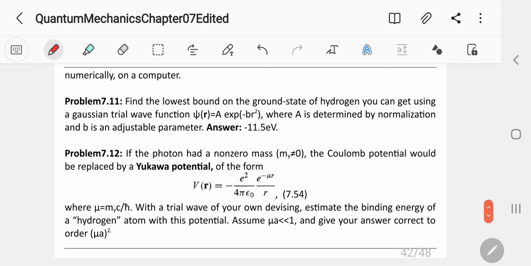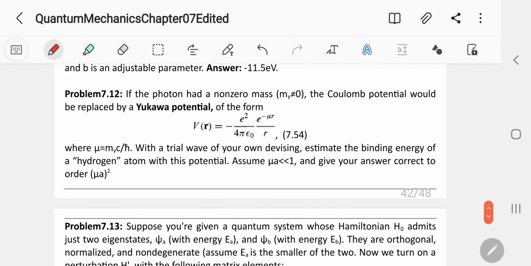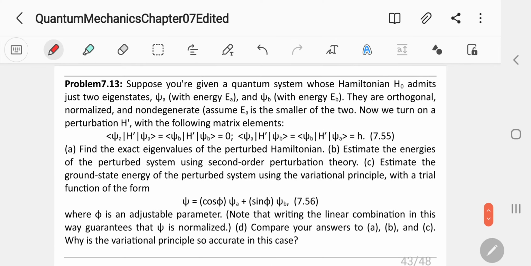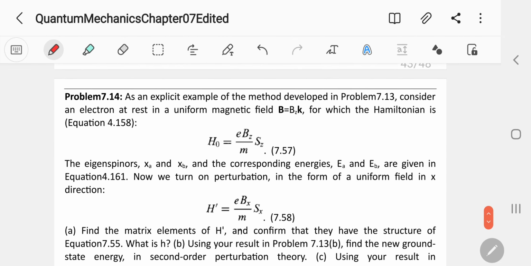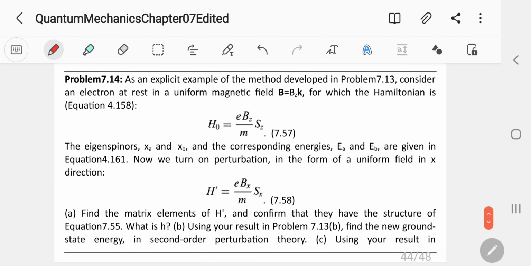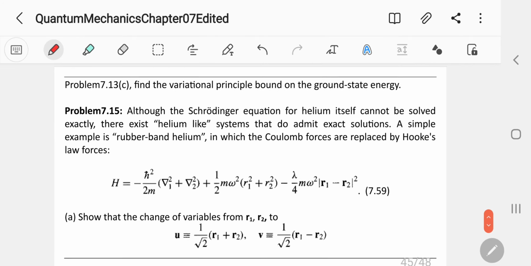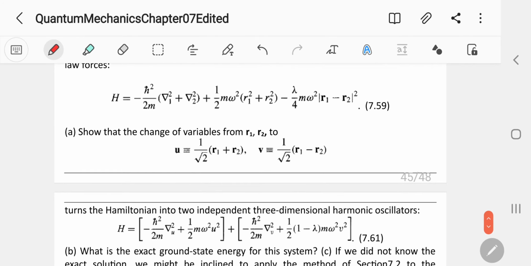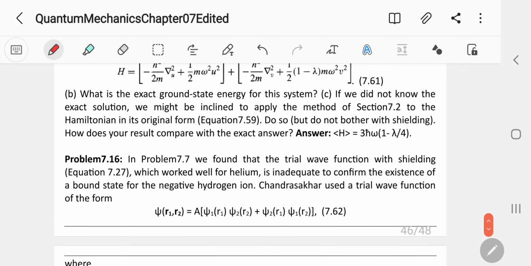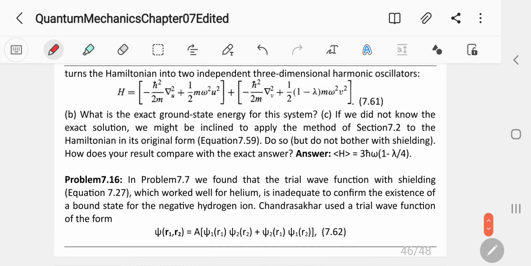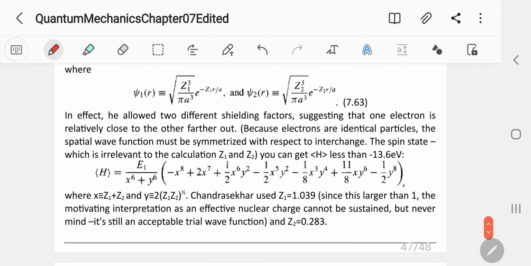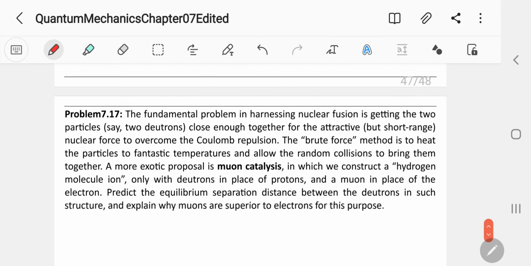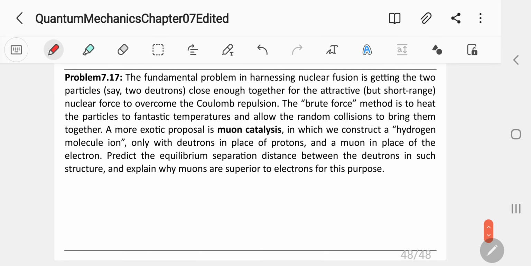You can screenshot them and solve them when you have extra time. Also 7.14, 7.15, 7.16, 7.17. There's a lot.